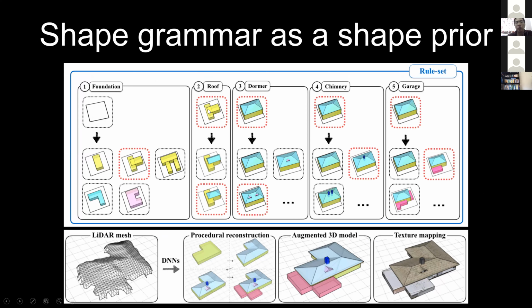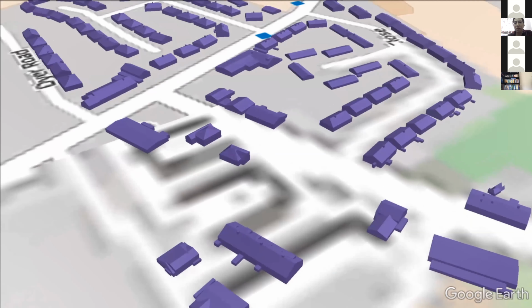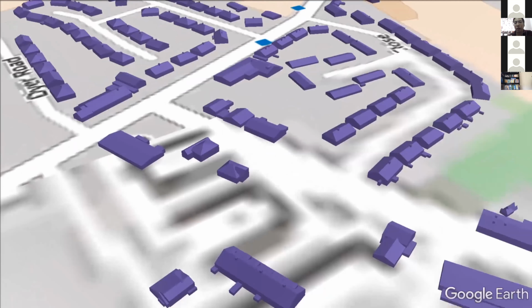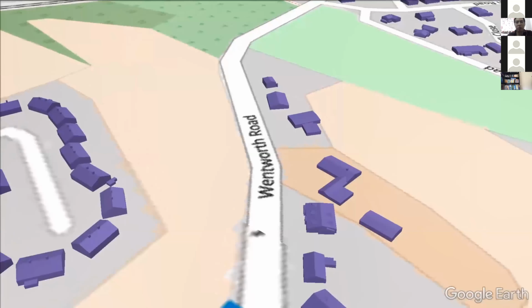And after that, you define a roof type for each foundation, etc. So you're going to apply a sequence of rules to make a house. For reconstruction, you're going to sequentially solve a classification problem to pick a branch, and also solve a regression problem to estimate geometric parameters. That's how reconstruction happens. Pretty unique and interesting. And we get nice looking demos and interesting house models, which look impressive.